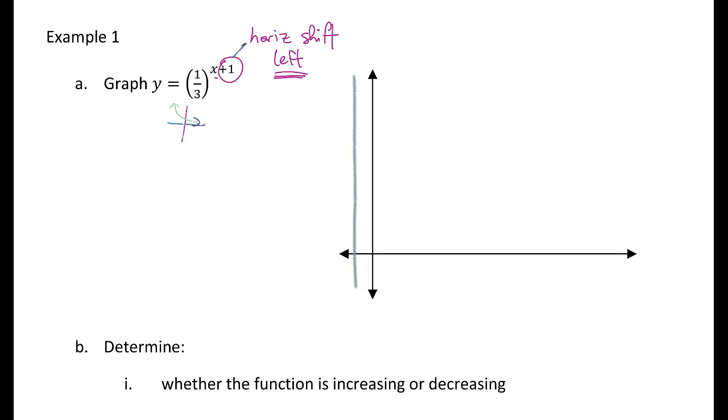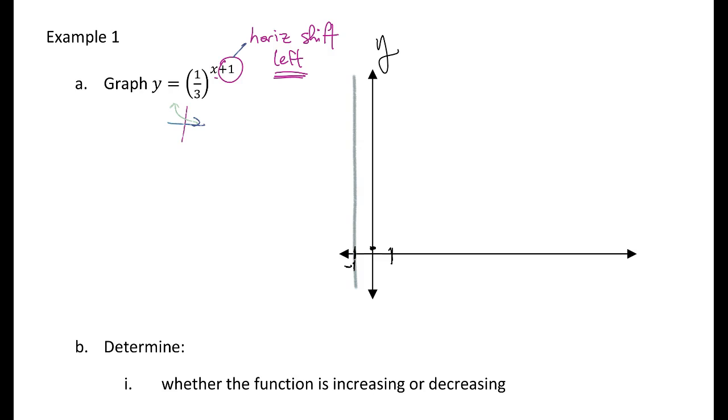And so my y-intercept, which is supposed to be at 1, is actually going to show up over here at x equals negative 1. And so my y-intercept is not 1. And this is a weird situation where we start messing around with those rules that we saw in the previous lesson, because when I plug in 0 for x here, I'm actually having an exponent of 1. And so my value is going to be a third.